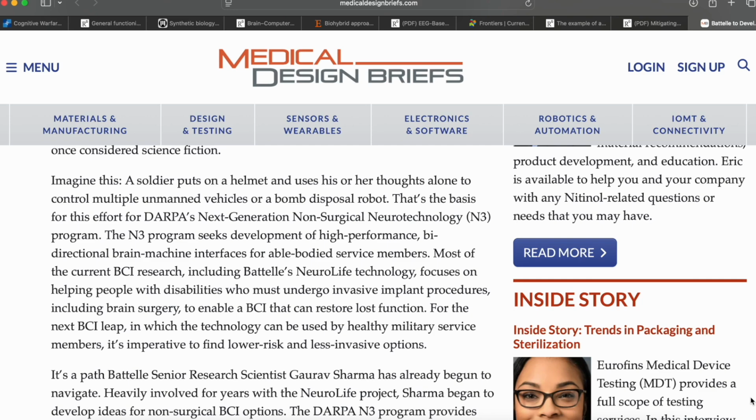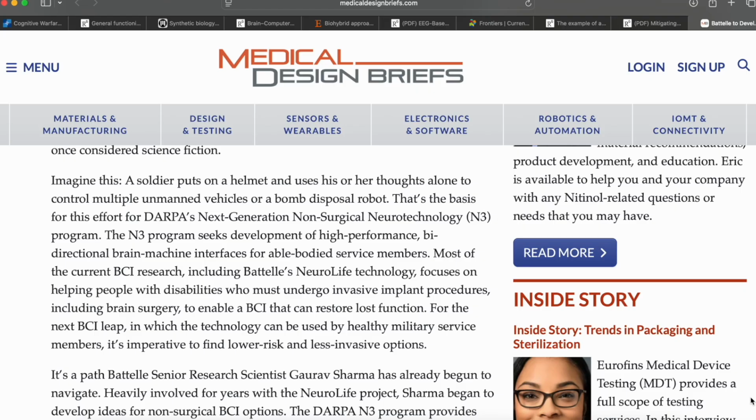Imagine this: a soldier puts on a helmet and uses his or her thoughts alone to control multiple unmanned vehicles or a bomb disposal robot. That's the basis for this effort for DARPA's Next-Generation Non-Surgical Neurotechnology, N3, program.